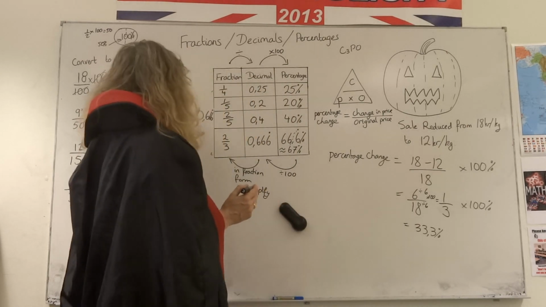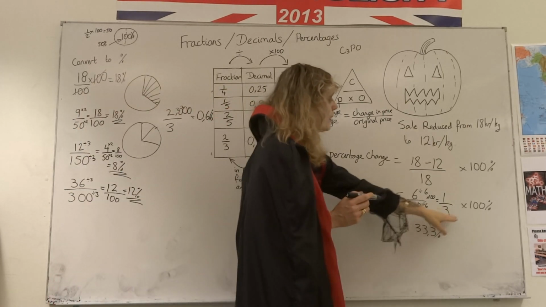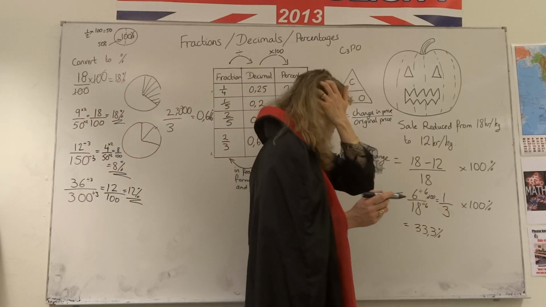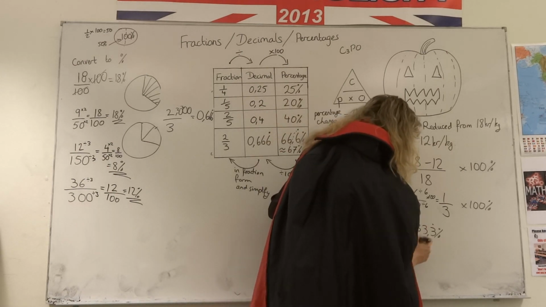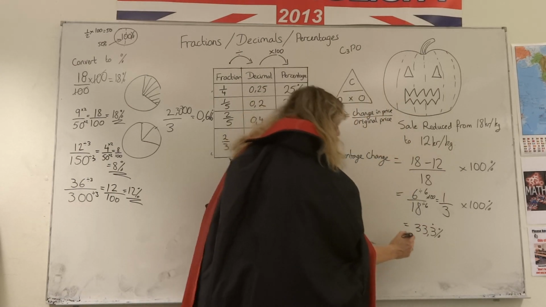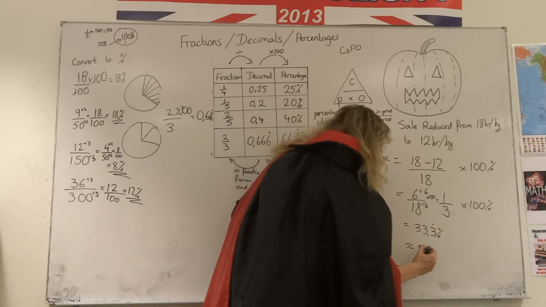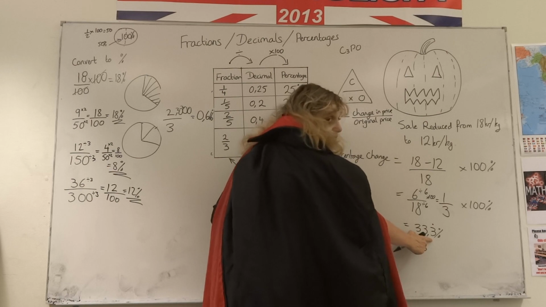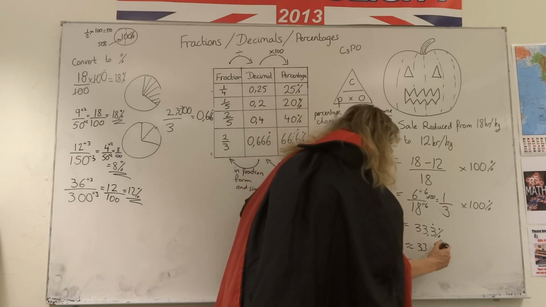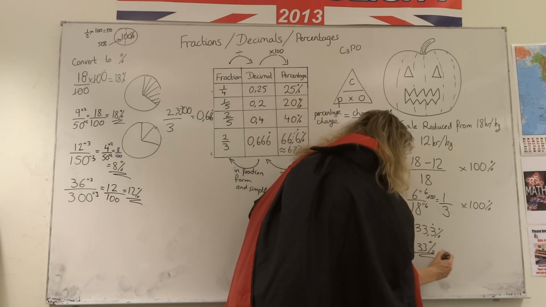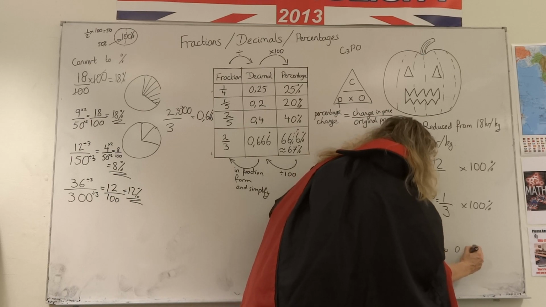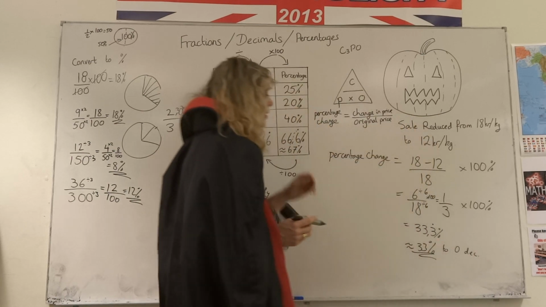We did that over there earlier. Multiplied by 100, so it's 33.3 recurring percent exactly, which is approximately, if we're going to round off here, 33. Look at the number after the 33. It's only a 3, so there's not going to be any change. 33% to 0 decimal places.